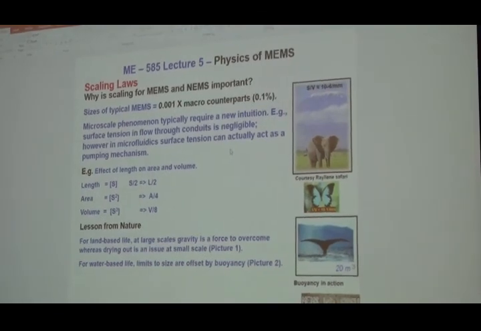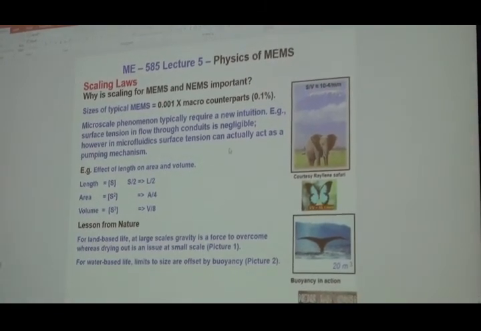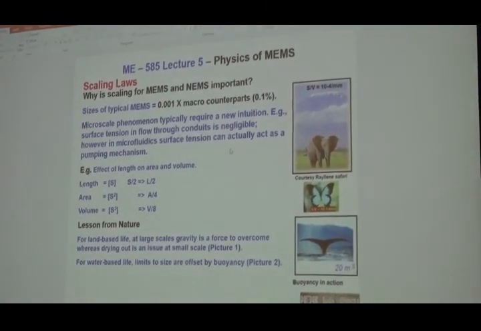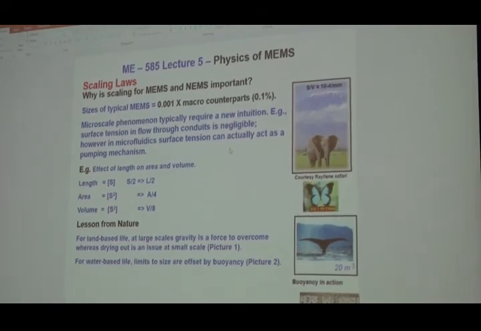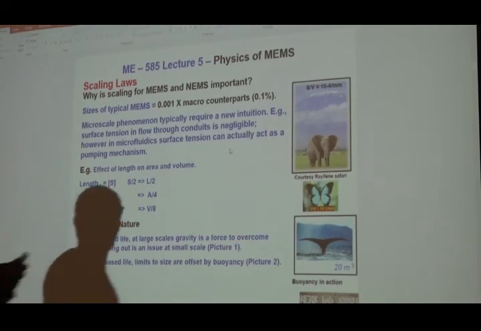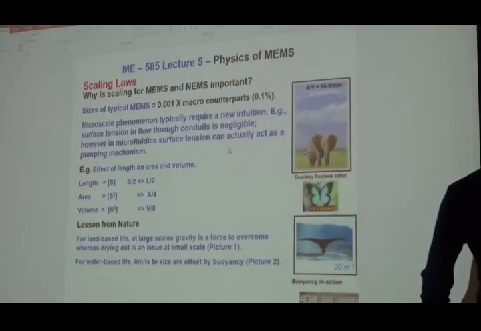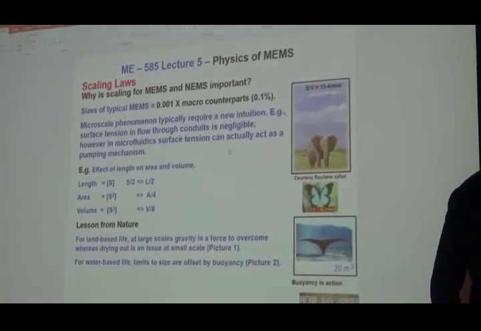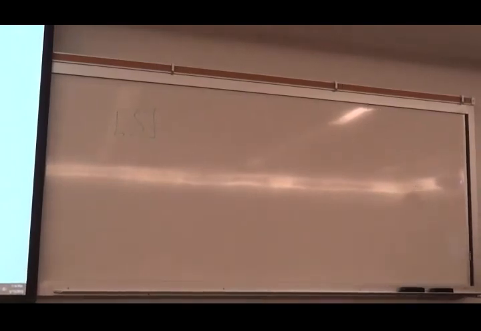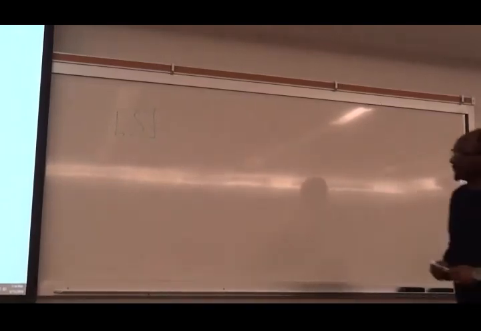Anyway, the first thing I want you to know as I'm building the story: I'm going to go through each of the forces like surface tension, electrostatics, and all that. So when I'm talking about length, the most basic dimension is length, and I'm going to represent that as S. Of course, if length is S, what's area?